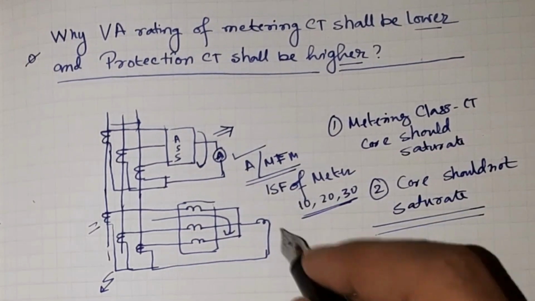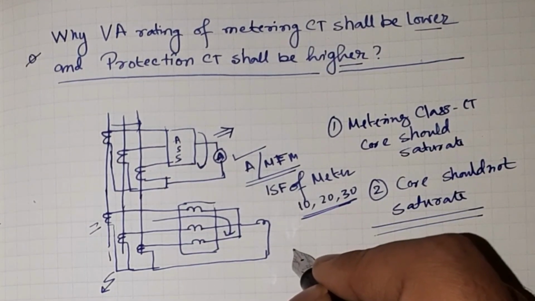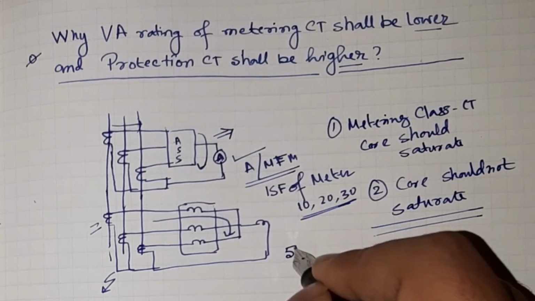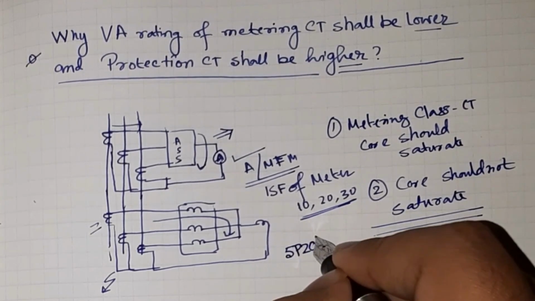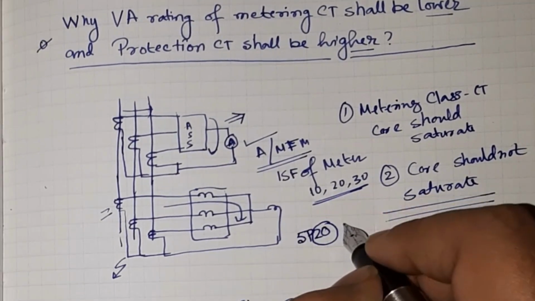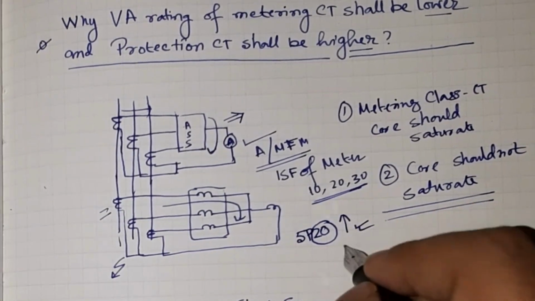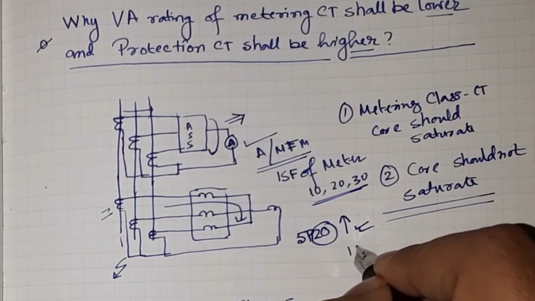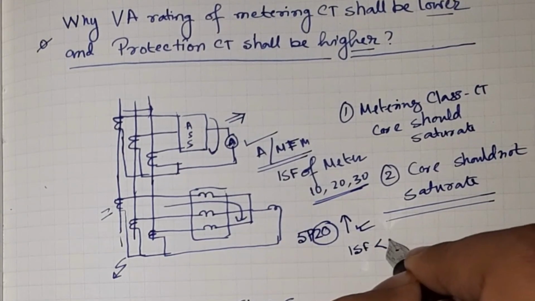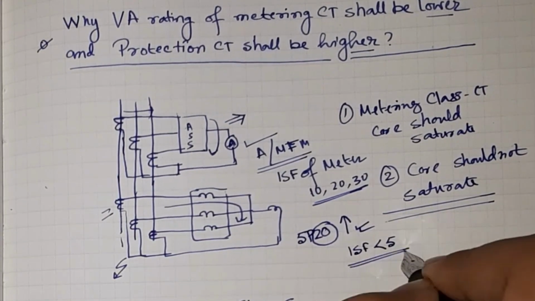That is why for protection class CT we look at the ALF. Suppose you have a protection class CT of 5P20. This 20 is the accuracy limit factor. If it goes higher, that is better. And for metering class CT, we indicate the ISF, instrument safety factor, which is generally considered as less than 5.